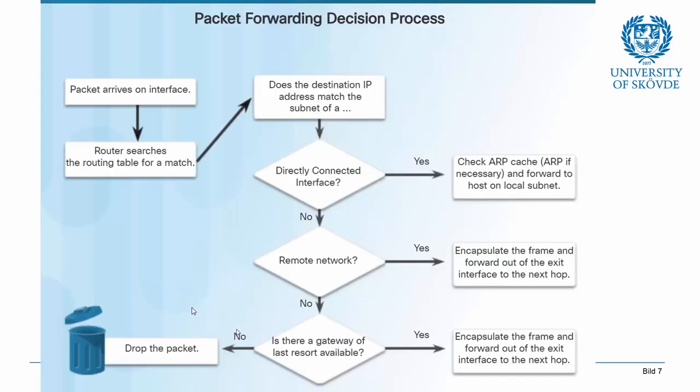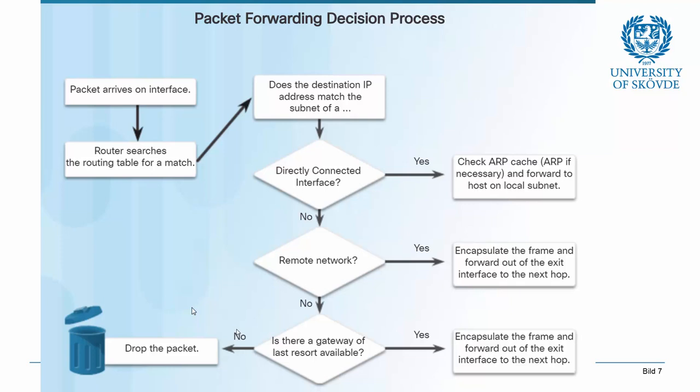Let's have a short look at how the router makes a forwarding decision. So just very briefly, when a packet arrives on an interface, when a router receives a packet, it will look at the destination IP address in that packet, to see where the packet is going, and then it will look through its routing table and see if it knows a route to the destination network.